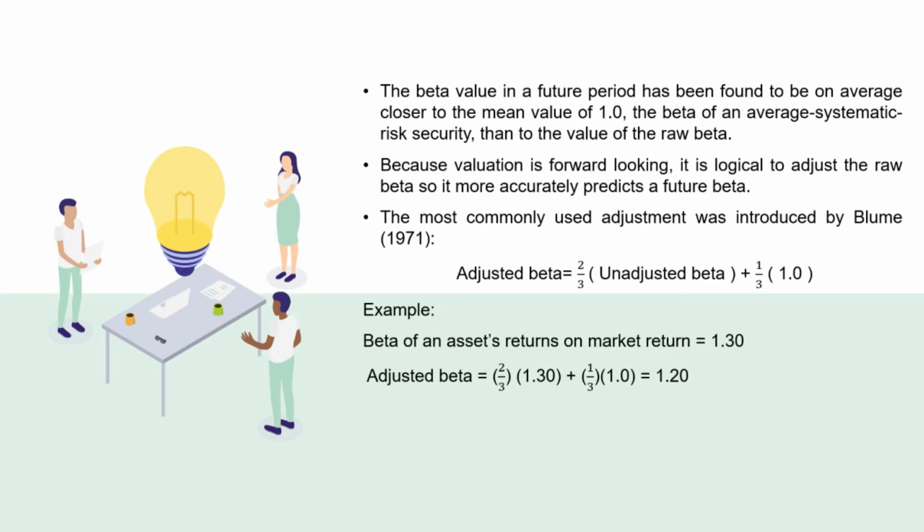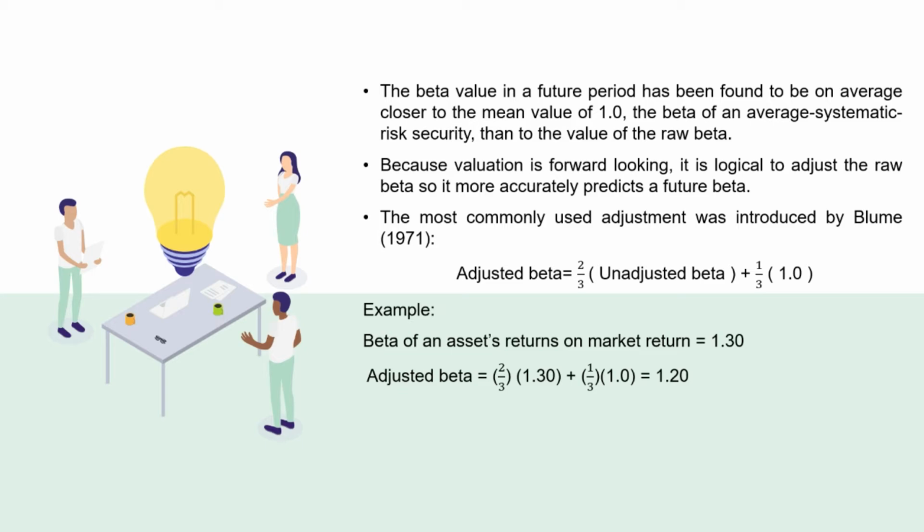Adjusted beta equals 2/3 multiplied by unadjusted beta, plus 1/3 multiplied by 1. For example, if the beta of an asset's return on the market return is 1.3, after substituting it into the equation, we get an adjusted beta of 1.2.